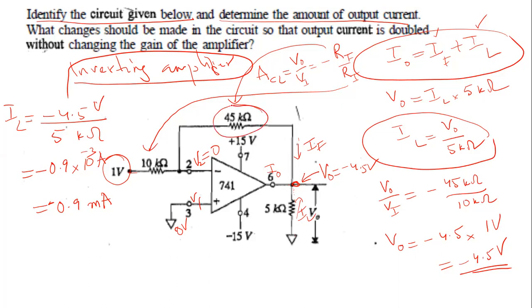That will be the potential difference across this 45 kilo ohm, that is V2 minus V naught, upon the resistance value. So your IF will be V2 minus V naught upon 45 kilo ohm.